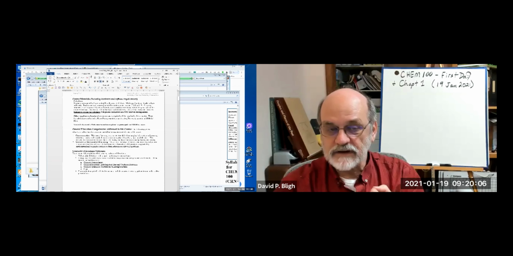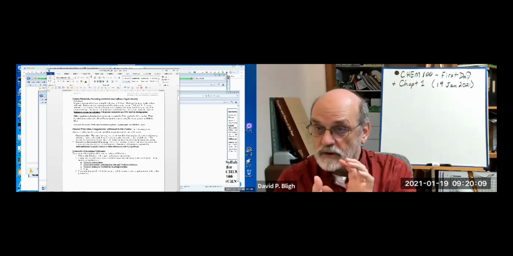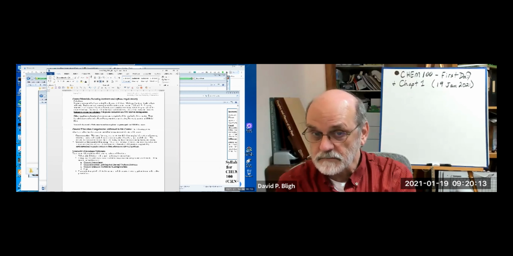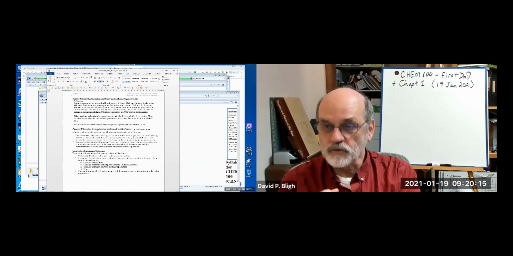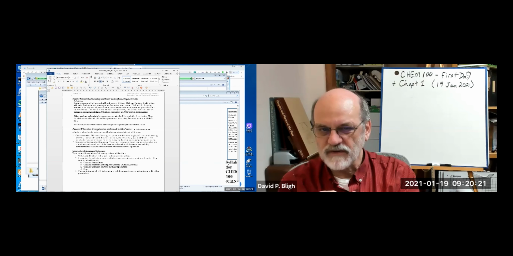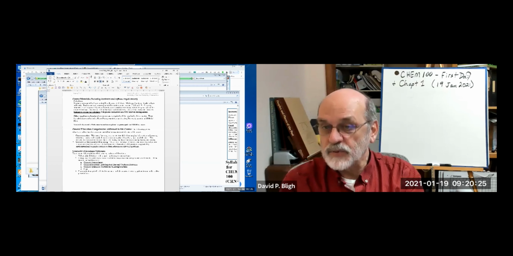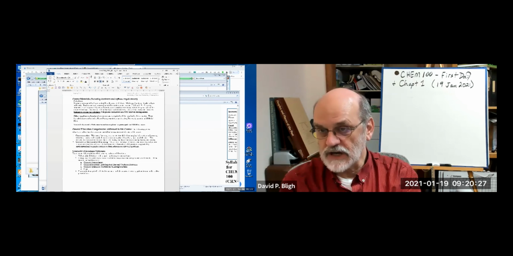How to do scientific notation, set up your display so it will give you answers in scientific notation. How to do roots, square roots. I don't think we're going to need anything more than that. How to do powers, how to input scientific notation, right?